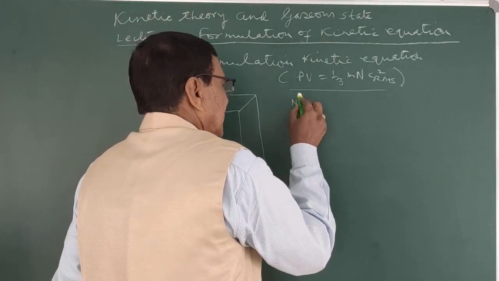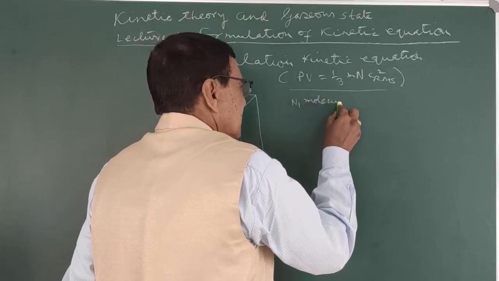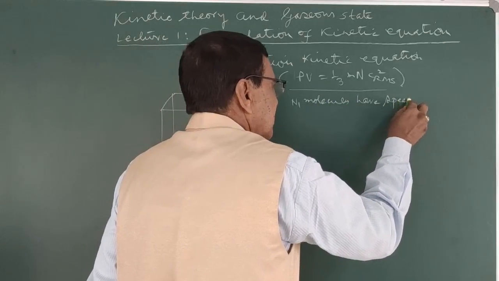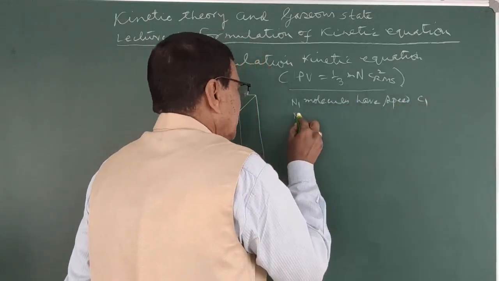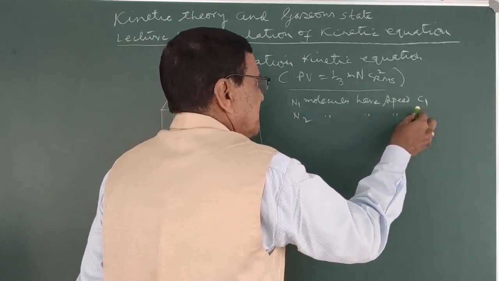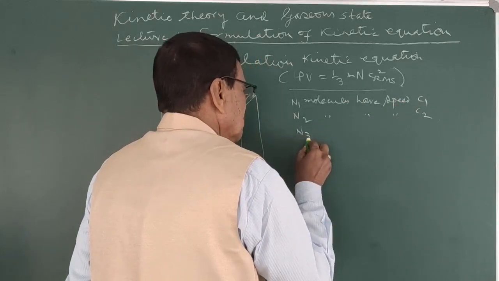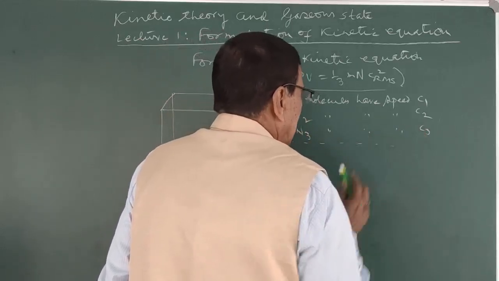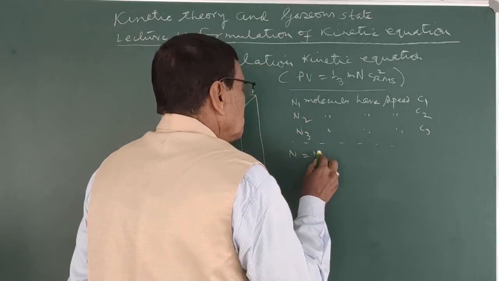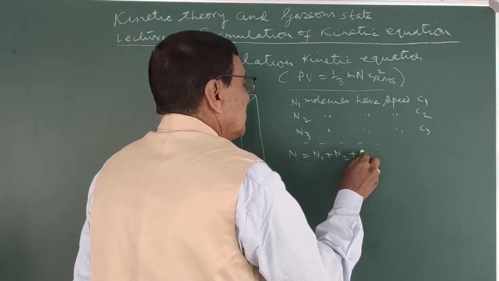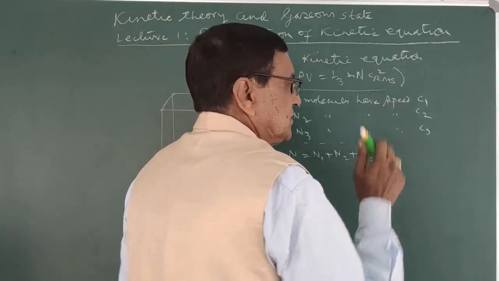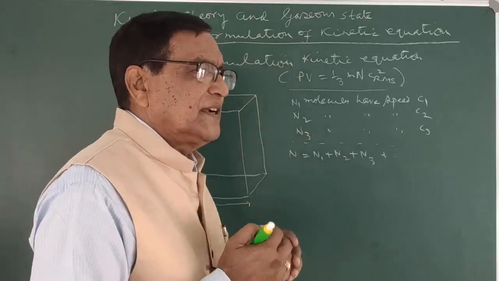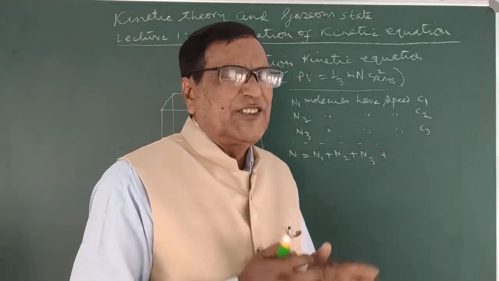Here suppose let us consider N1 molecules have speed C1, N2 molecules have speed C2, N3 molecules have speed C3, and so on. And the total N is the total number of molecules, N1 plus N2 plus N3 plus so on. And we shall have to consider the three-dimensional velocities of these molecules.